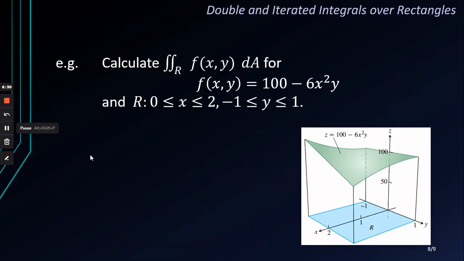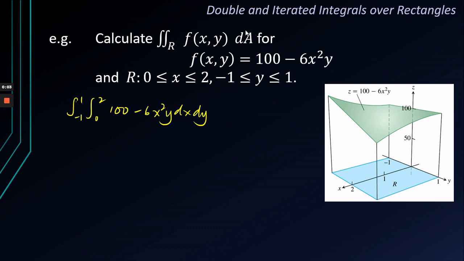Let us go through one example for better understanding. Calculate the double integral of f(x,y) if f(x,y) equals 100 minus 6x squared y, and it is bounded by the region R, which is defined by x between 0 and 2 and y between -1 and 1.